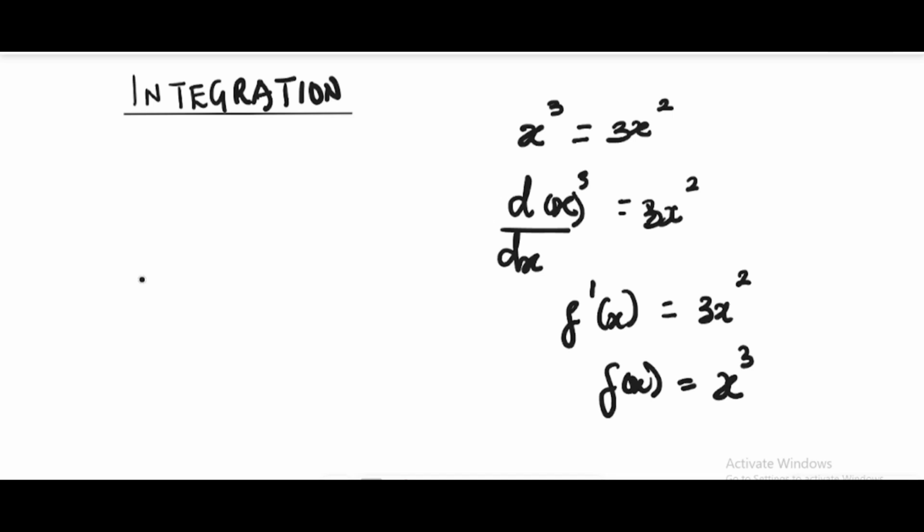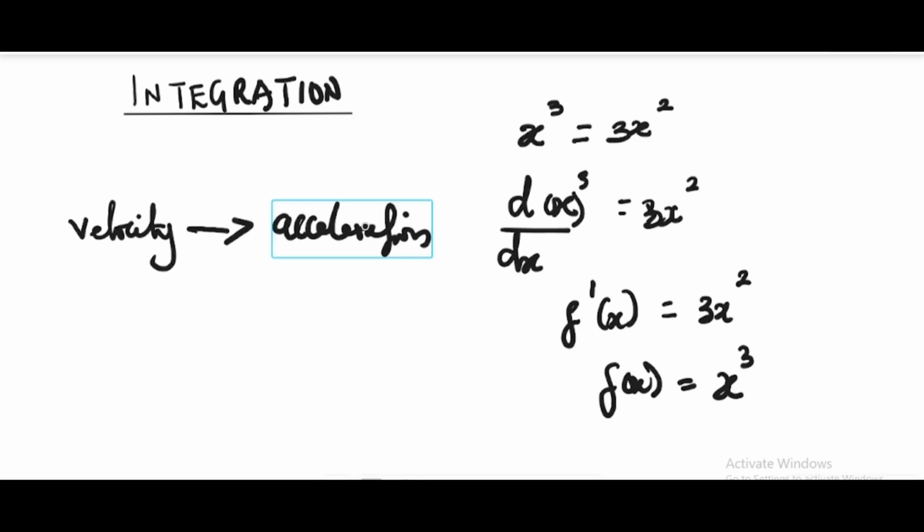If you want to find displacement, let's say for physics students, this class is also for you. Let's say you've been given velocity, and you need to find displacement. From velocity, if you move forward, what you will find is acceleration, right? And that moving forward is differentiation. Remember, differentiation is taking you forward.